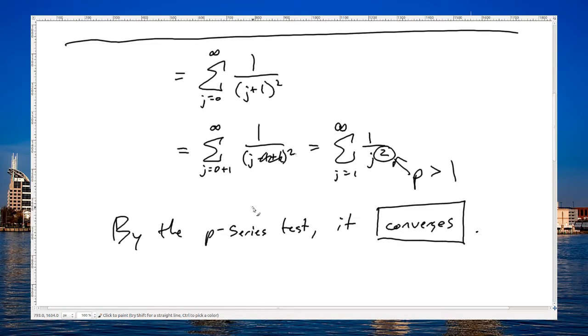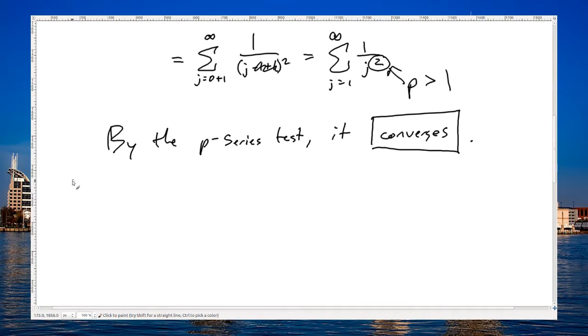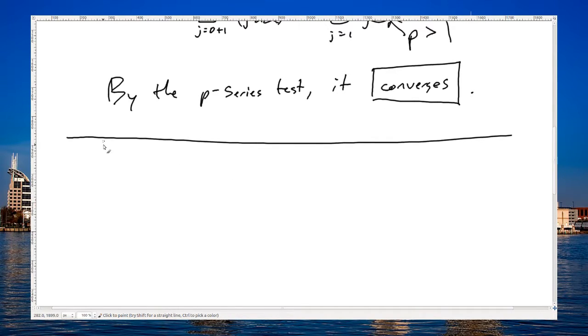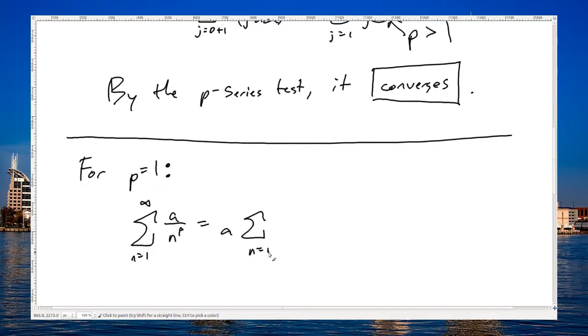Okay, what else can I say about this? I just want to point out one last note. For p equals 1, what is the p-series? A over n to the p, n equals whatever to infinity. I can bring out that a as a coefficient, n equals 1 to infinity, 1 over n.